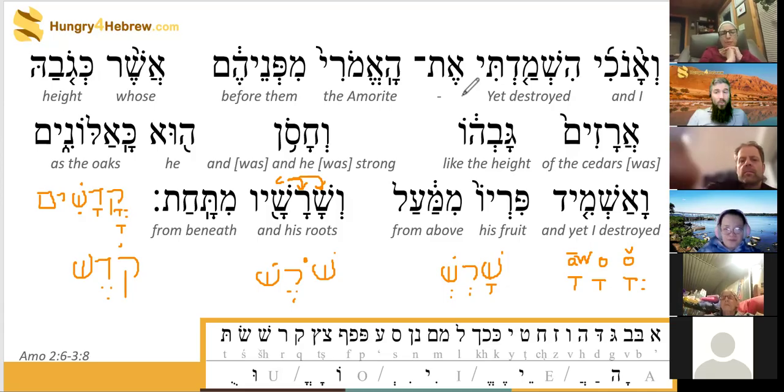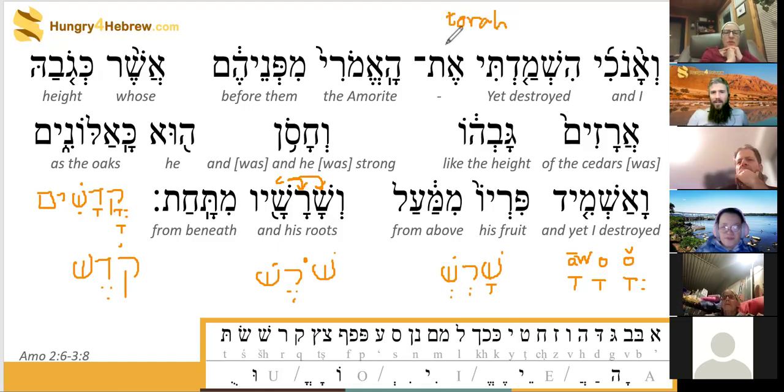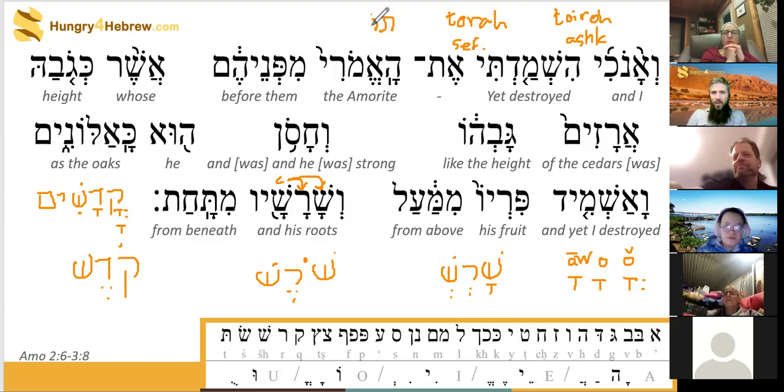It's not the Torah, it's the Toiro, right? That's the Sephardic pronunciation. In the Ashkenazi, if I can spell Ashkenaz, I'll just do that. Toiro. So let me show you what's going on here.